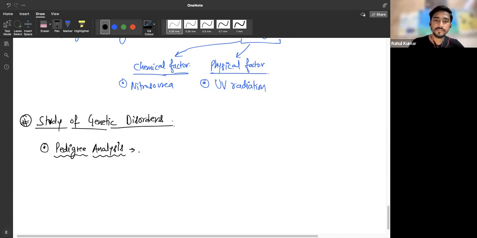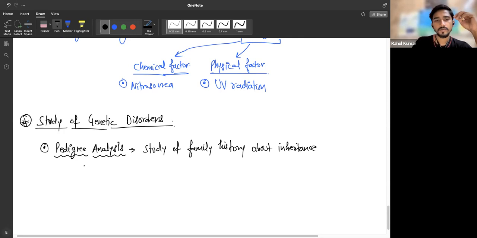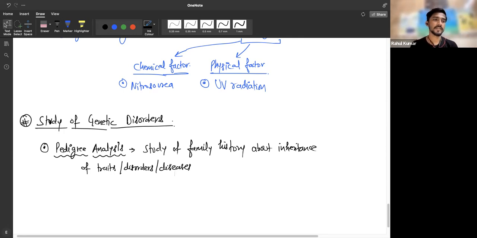Pedigree analysis is the study of family history about inheritance of traits, disorders, or diseases, anything which is genetic, through symbolic representation of individuals.